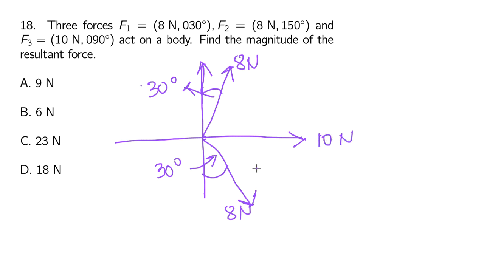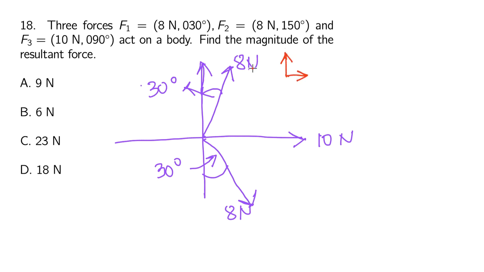And we are supposed to find the magnitude of the resultant force. Now the force F1, this 8 Newton force, and the other 8 Newton force down here, they are exact mirror images of each other. What that means in particular is that we can resolve these forces into the vertical component and then the horizontal component.